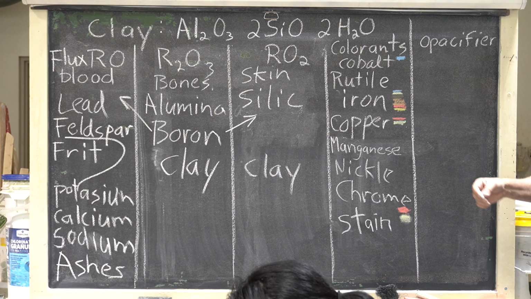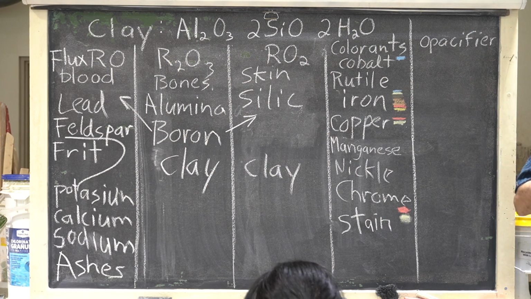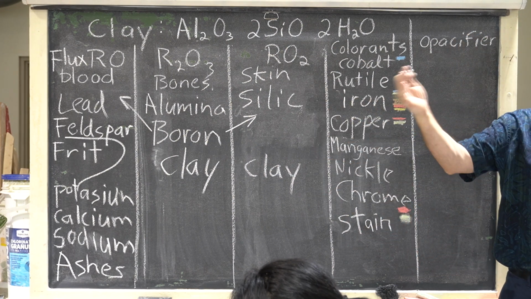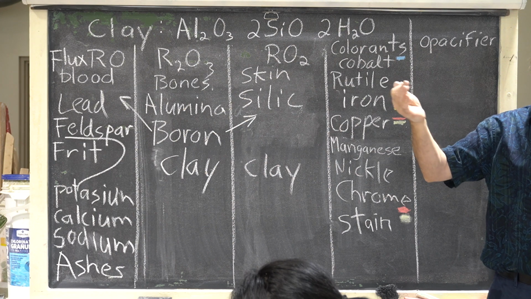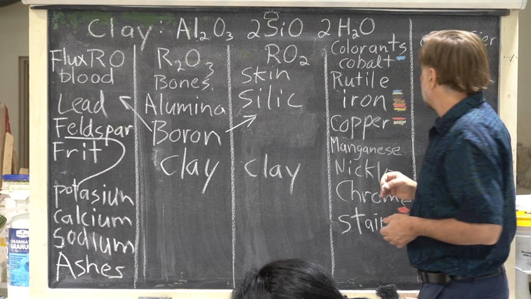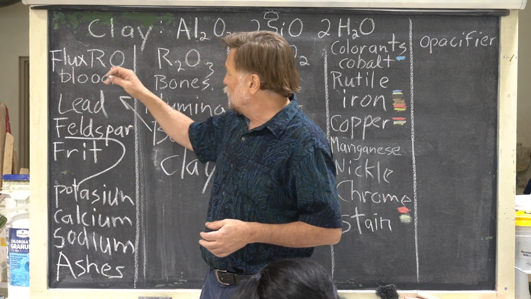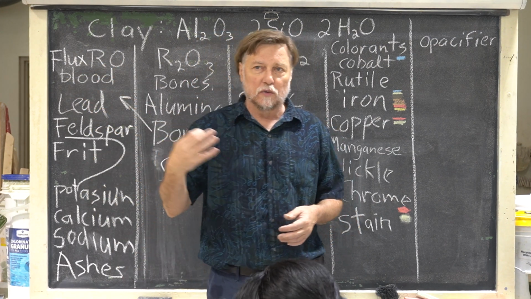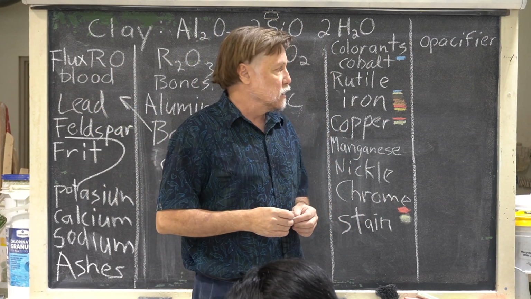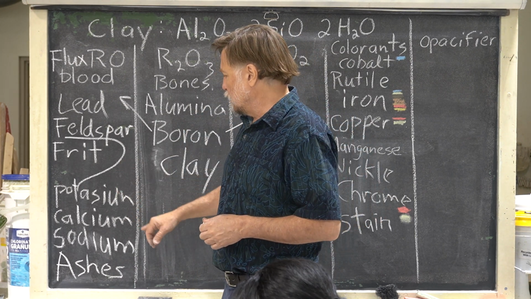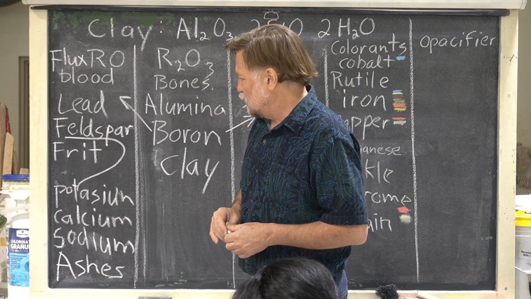It's not transparent. All the way to almost a dry look. And then with glossy, you can have a range of opaque and glossiness. So most of the fluxes will cause a little bit of glossiness, especially boron and lead and some of the others.